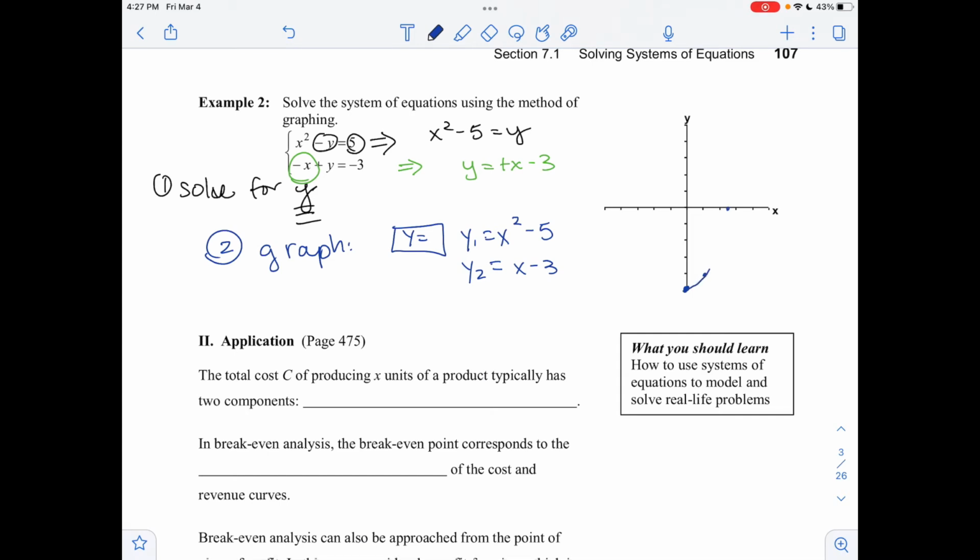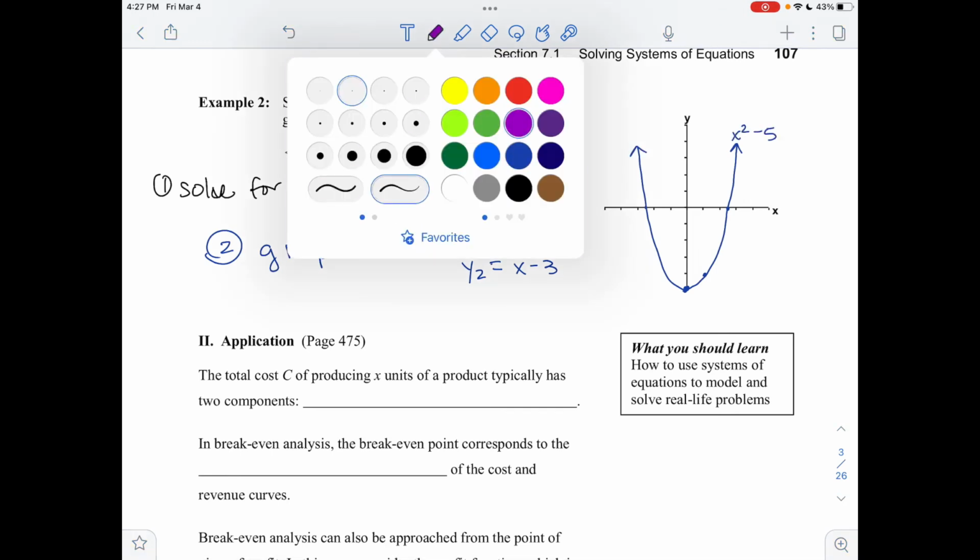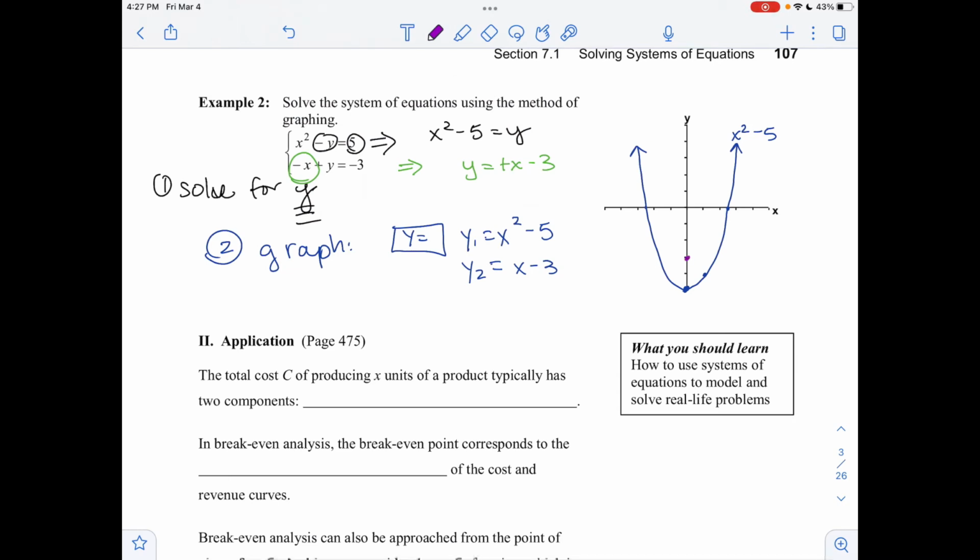It goes through this point right here. So there's my x squared minus 5. And the x minus 3 is going to look something like this. Okay, that's my x minus 3.